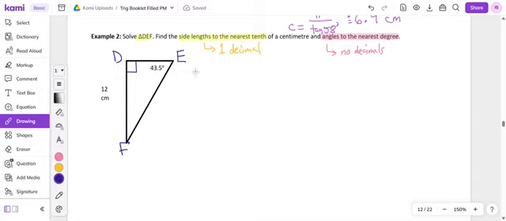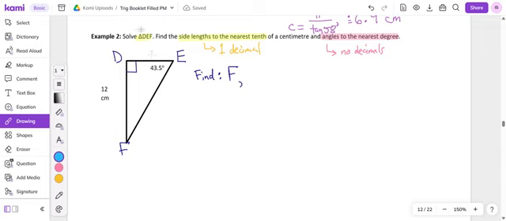Let's make a plan. What do we need to find? Well, I can see that I need angle F. What else do I need? There are 2 sides that are missing. What are those sides called?